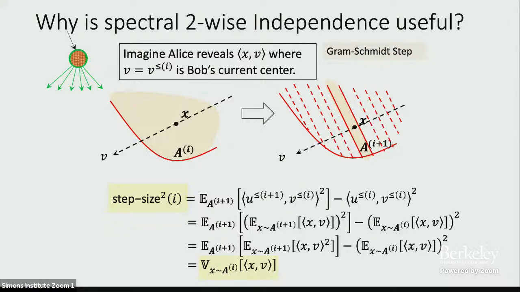And now this quantity, by definition, is the variance of Alice's set in the direction V. So the details here are not so important. The point is that this Gram-Schmidt step expresses the change in the martingale in terms of the elongatedness of the set in direction V.